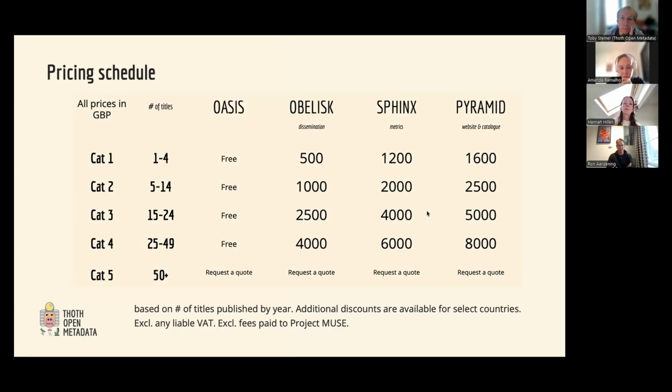And what we have learned from our publishers is that distribution and usage metrics is such a time consuming, admin heavy process for publishers. It involves setting up distribution channels with lots of different platforms and signing up to different memberships.